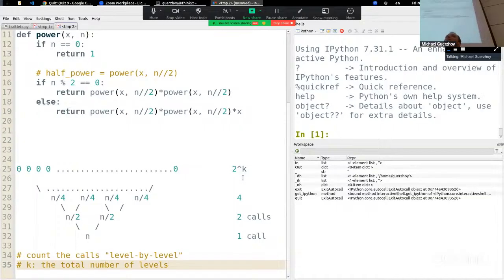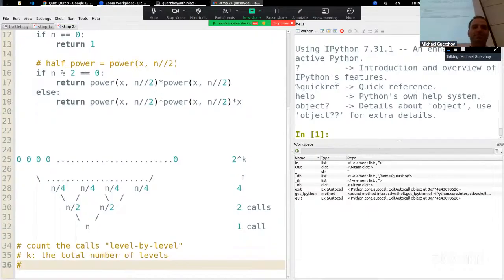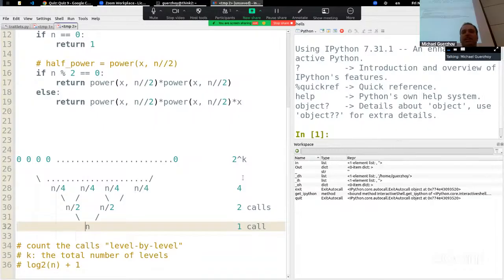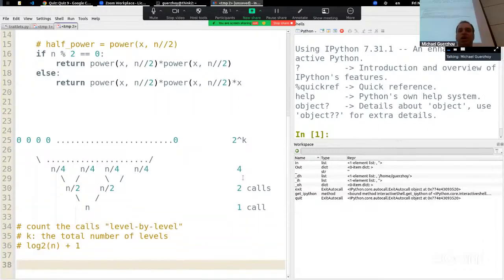Anyone? So how many steps if I go? Yeah, log base 2 of n. Yeah, log base 2 of n plus 1. Why? Well, because it's again the same pattern, right?